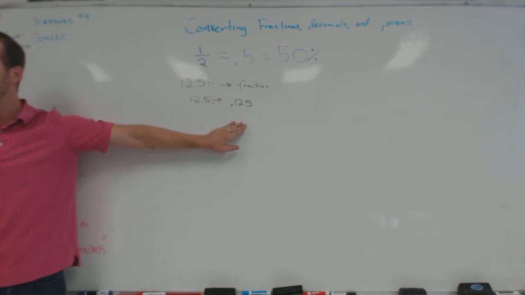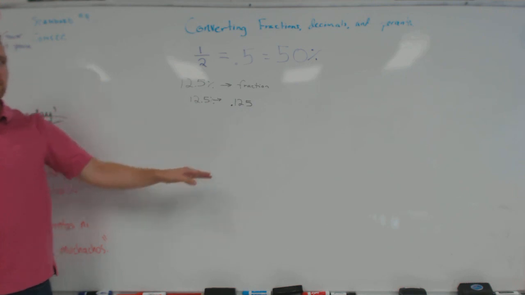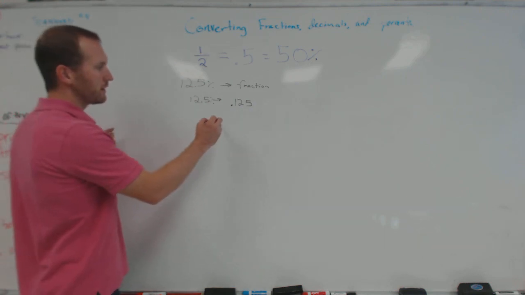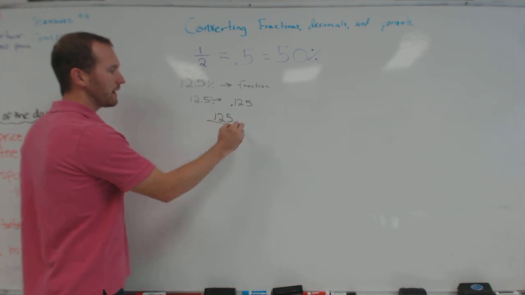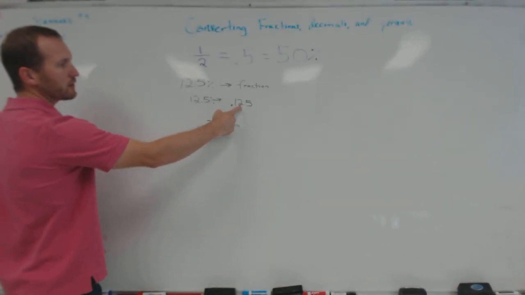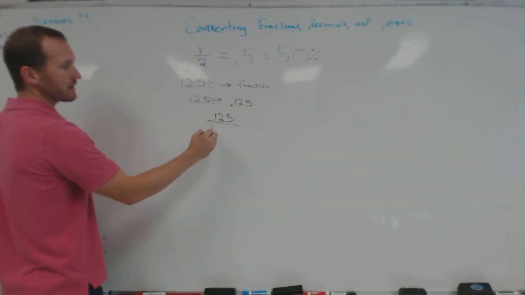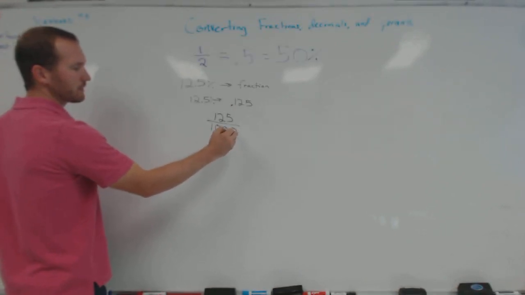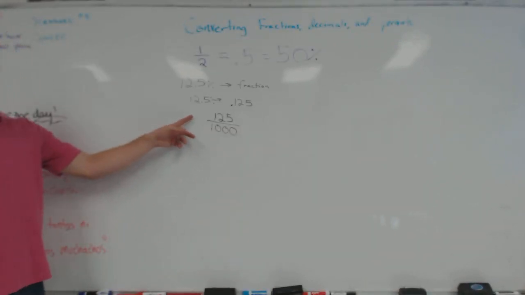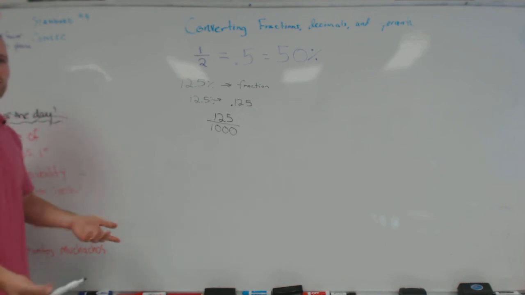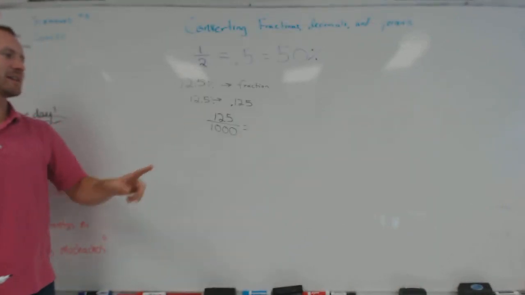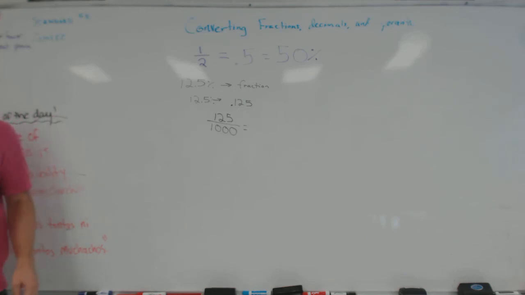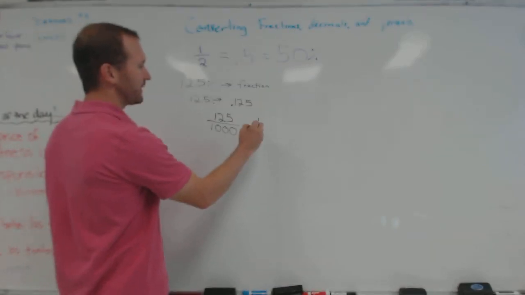Wait a second. I thought it was going to be 1/8. But wait. I'm going to take my number, 125, and I have 3 decimal places, so that's thousandths. Wait, that's not 1/8. I can reduce it. Anyone want to guess how many times 125 goes into 1,000? 8 times. 1 over 8.